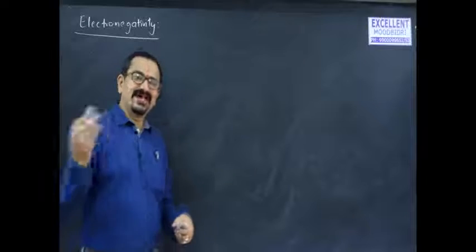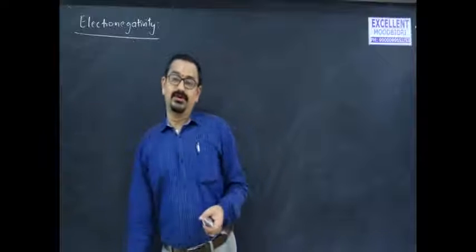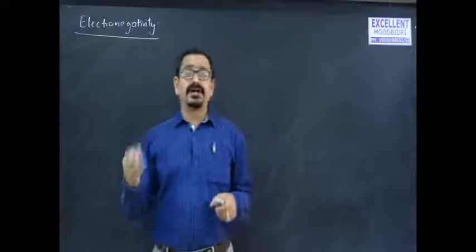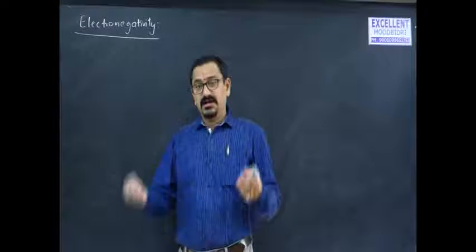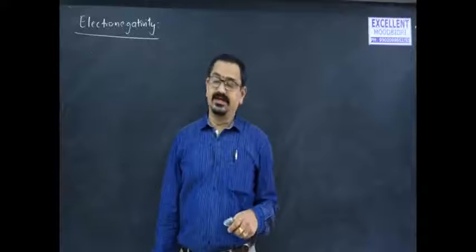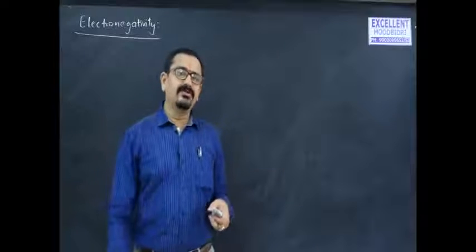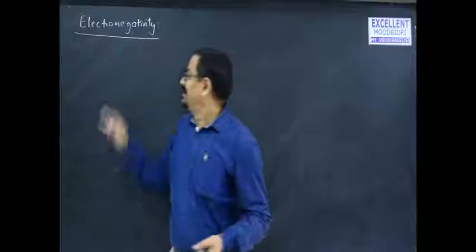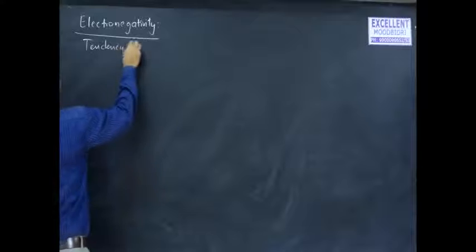Now the next subtopic is electronegativity. Electronegativity is the tendency or ability of an atom to attract the shared pair of electrons more towards itself. It is not a measurable property, it is different from ionization enthalpy as well as electron gain enthalpy.